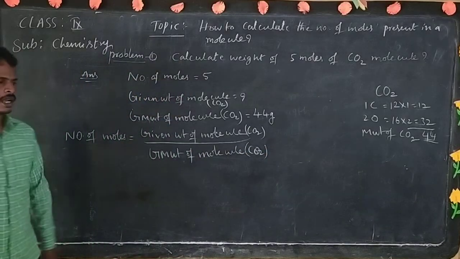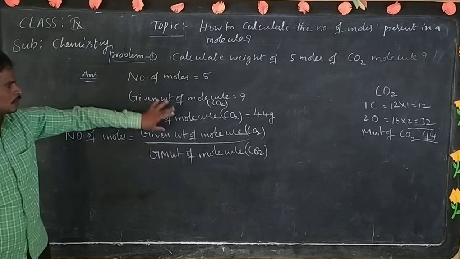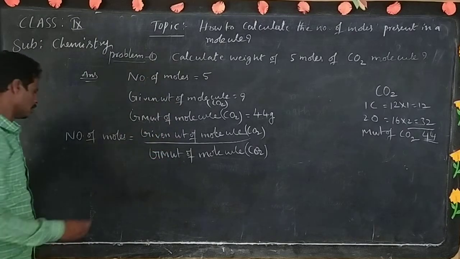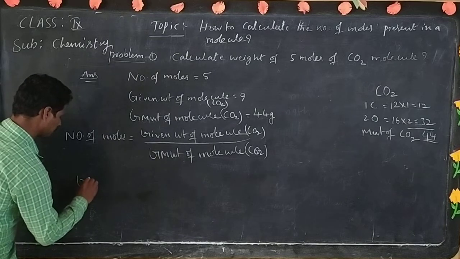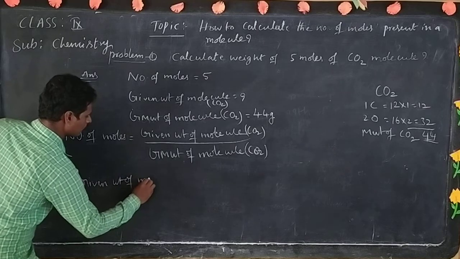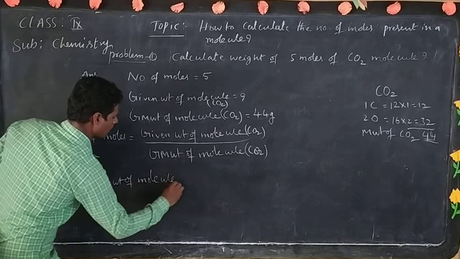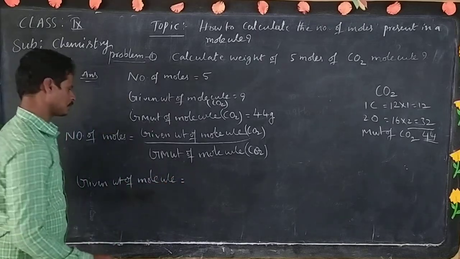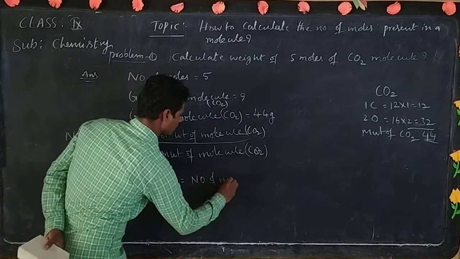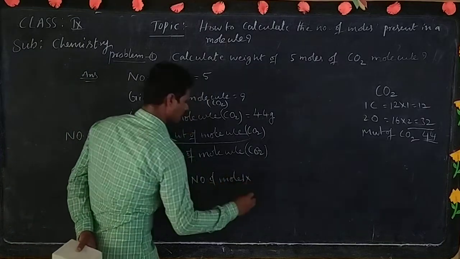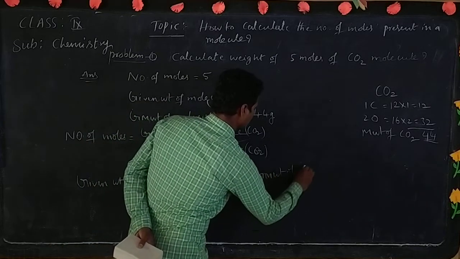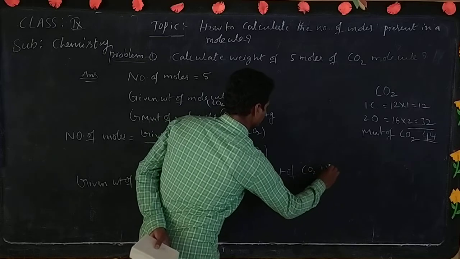Now which one do I have to calculate here? We know these two values, we don't know this one. That's why the formula should be changed: given weight of molecule equal to number of moles into gram molecular weight of CO2 molecule.